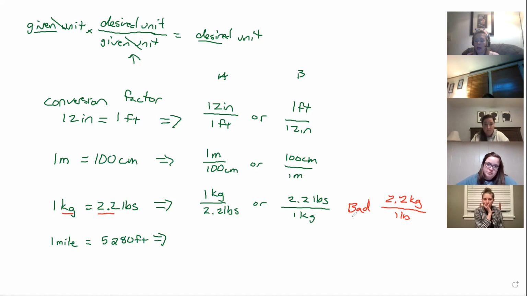So don't do that. That no longer preserves the correct relationship. Or if we were to write like, 1 pound over 2.2 kilograms. We don't like that. The 2.2 really needs to stick with the pound, and the 1 needs to stick with the kilogram. So we don't like those.